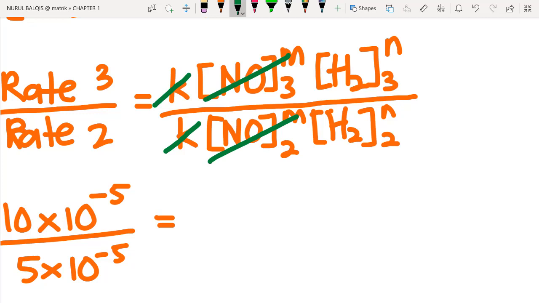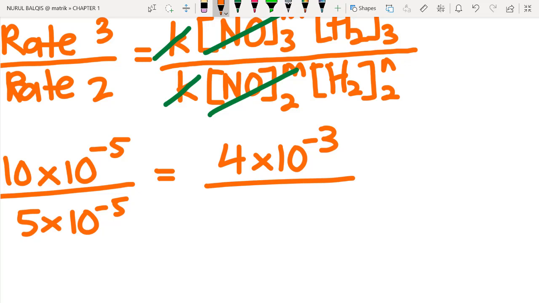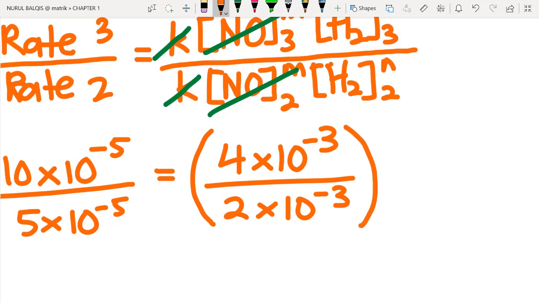concentrations of NO, leaving only concentrations of H2, where we have 4 10 to the power of negative 3 divided by 2 10 to the power of negative 3, not forgetting our order of reactions, which is n.